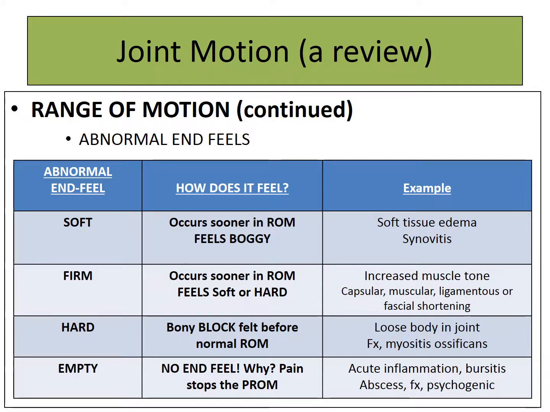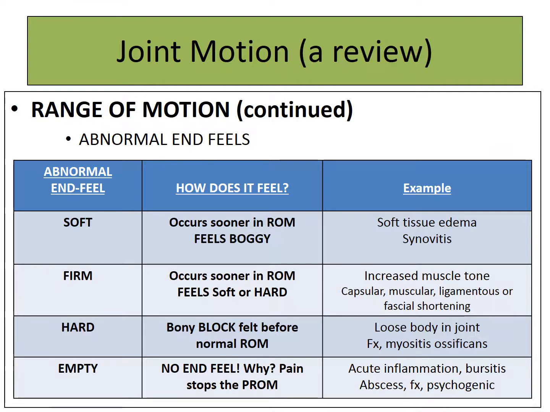It will be important to know which is the normal end feel for each joint and each motion at its end of motion. Because you see on this slide with the abnormal end feels, soft, firm, and hard, all listed again, but it just depends that it's occurring when it shouldn't be occurring. So if you have a soft end feel when you are expecting a firm end feel, you may think that there is some edema there or some inflammation of the synovium.